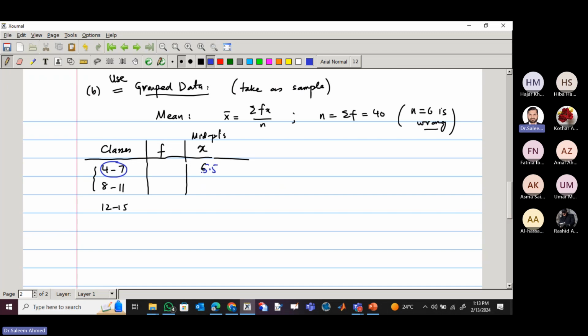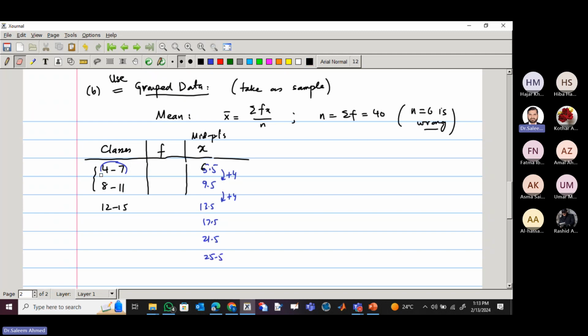And from 8 to 11, I can take 9.5, right? Then I can just keep on adding 4. So it will become 13.5, 17.5, 21.5, 25.5, right? So 6 classes.